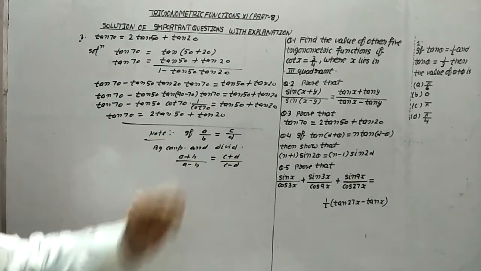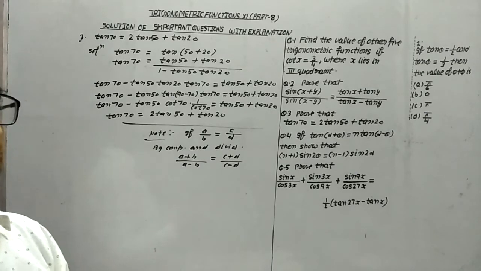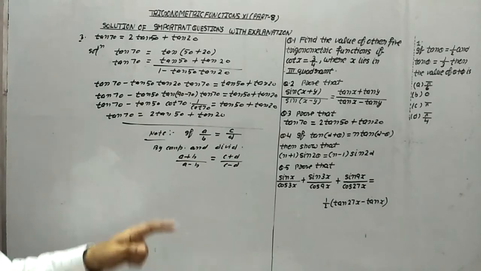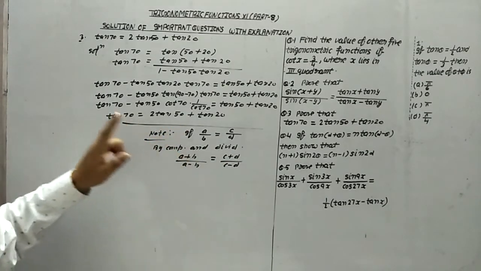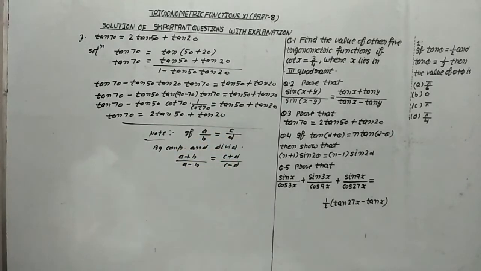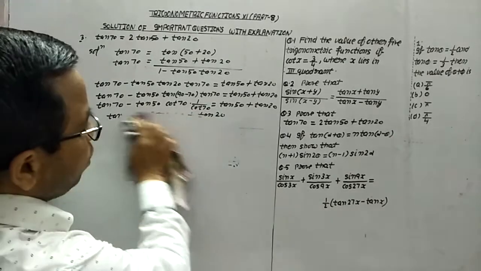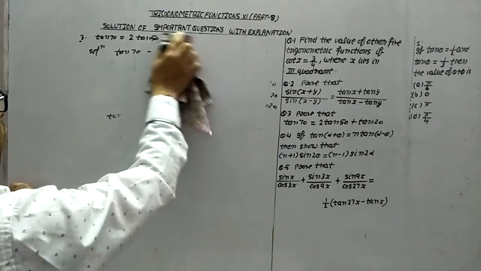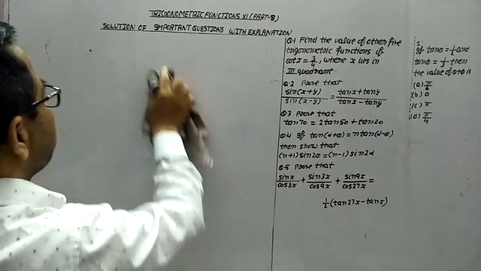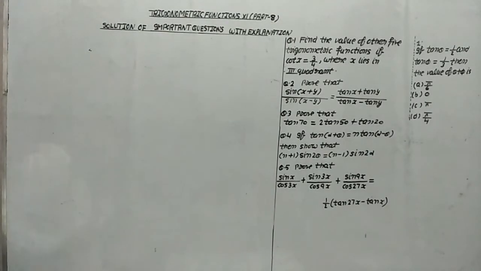We have to use this rule in some questions wherever it is required. It is known as componendo and dividendo. It means (numerator plus denominator) upon (numerator minus denominator) is equal to (numerator plus denominator) upon (numerator minus denominator). We have to use this rule to solve some questions, and in our solution of question number 4 we have to apply this rule.